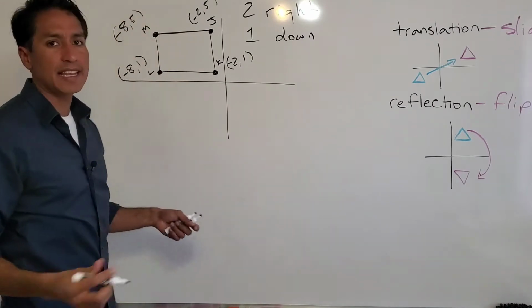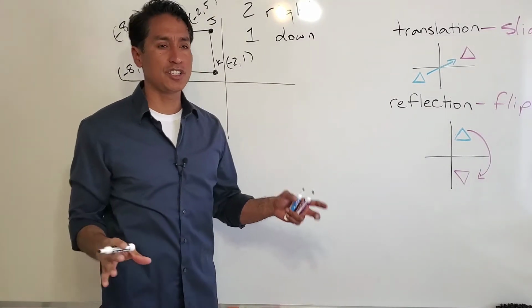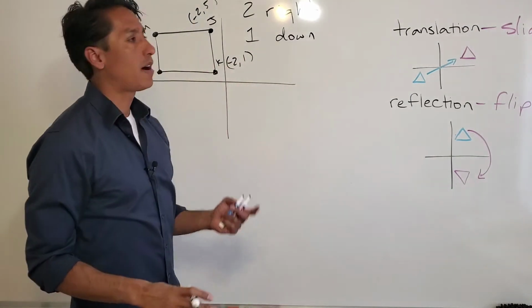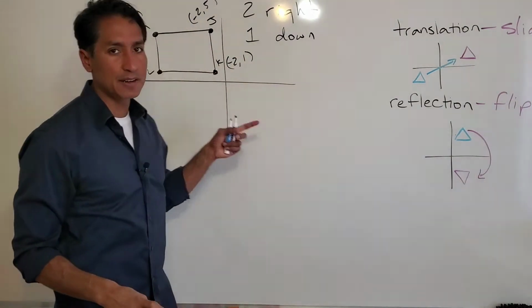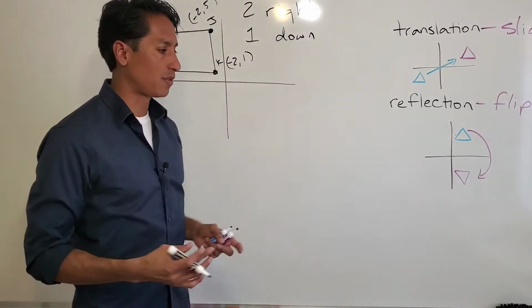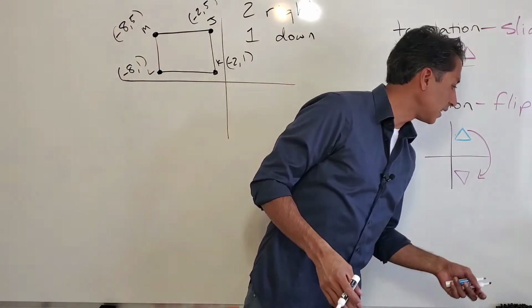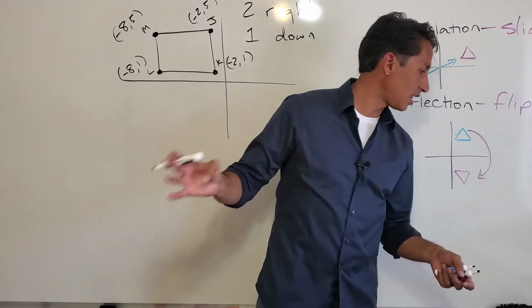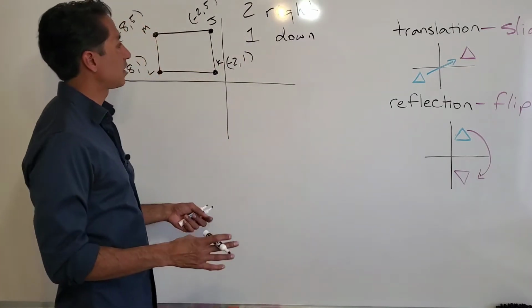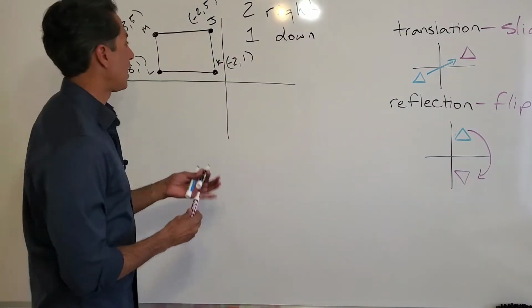Okay, now this again gets back to why you should understand the coordinate plane, why you should understand your quadrants, why you should understand ordered pairs, because now we're going to be using this stuff to change things around. So the translation or the slide of this thing is going to be a 2 and a -1. It's going to go 2 to the right.